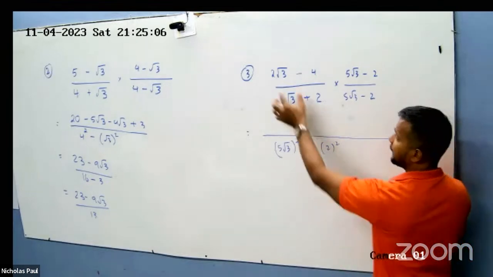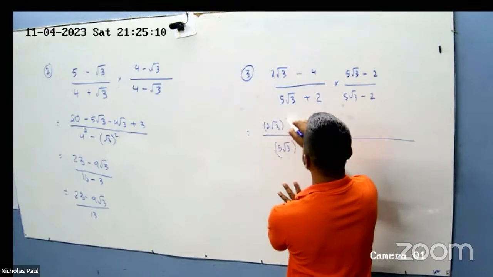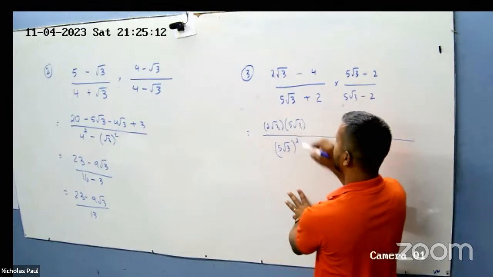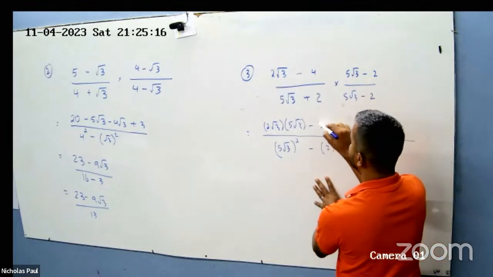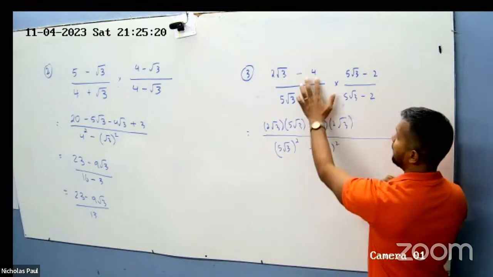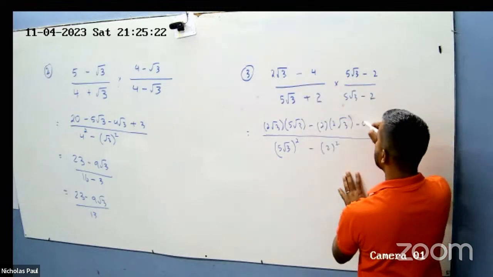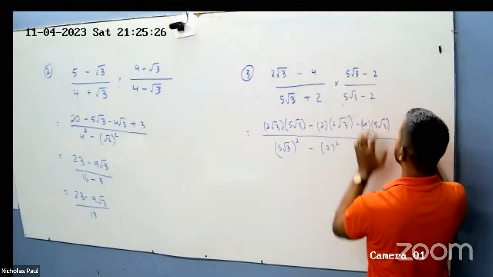The numerator is this by this. I'm writing 2 root 3 by 5 root 3. This by this, minus 2 by 2 root 3. Then this by this, minus 4 by 5 root 3. Then this by this, plus 3.